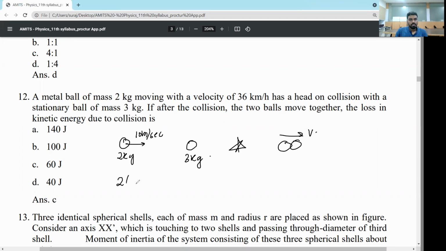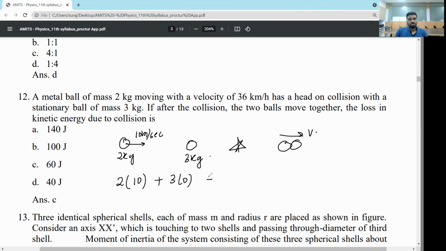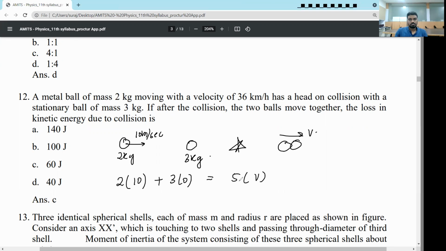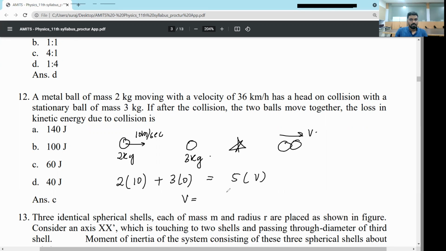So 2 into 10 plus 3 into 0 equals 5 times v. So velocity is 20 by 5, 4 meter per second.